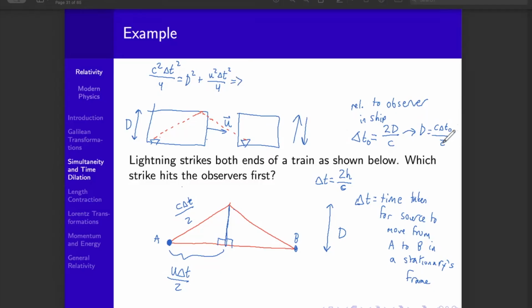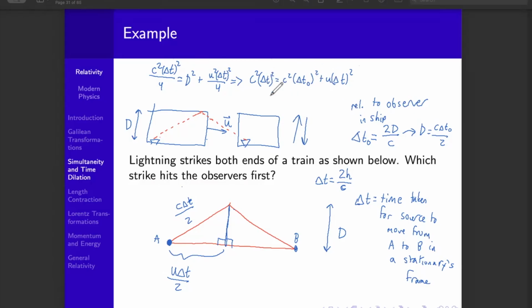So you'll notice that all of the 2's, or the 2 squareds, aka the 4's, will cancel. So I'm going to get rid of those. So you're going to be left with c squared delta t squared equals c squared delta t 0 squared plus u squared delta t squared. Something that looks like this. I'm going to put all the delta t's inside parentheses just to make it a little bit nicer. Well, the entire point of this is to figure out how t and delta t are actually related.